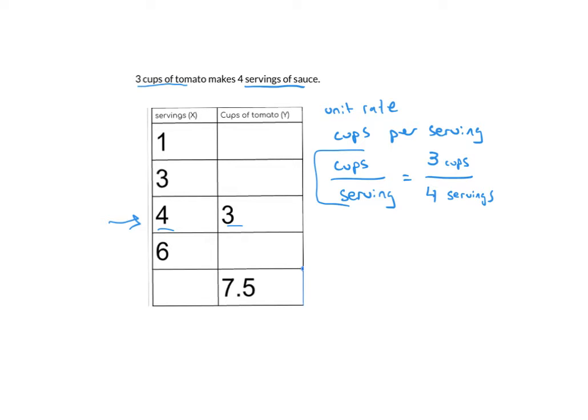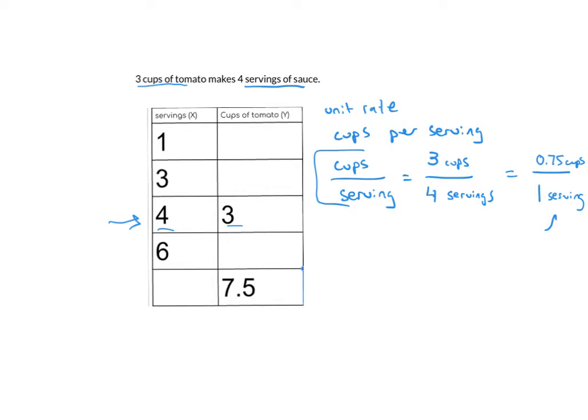And then if we want to find that unit rate, we do our division. So we do 4 divided by 4, so 1 serving. And 3 divided by 4, go ahead and grab your calculator. That is 0.75 cups for 1 serving.